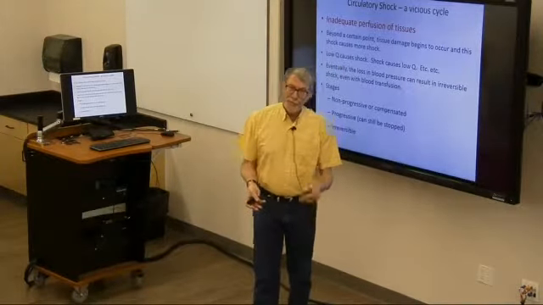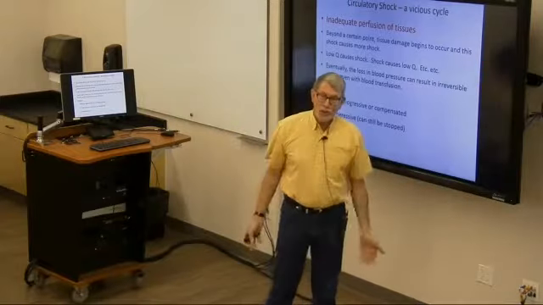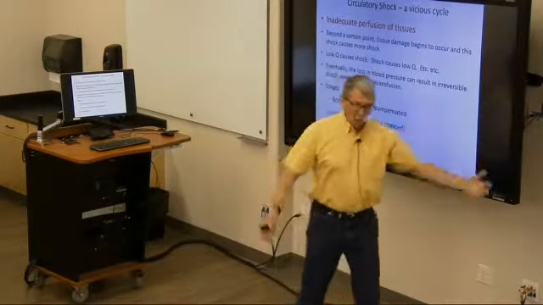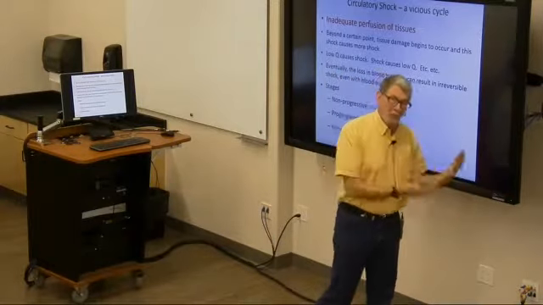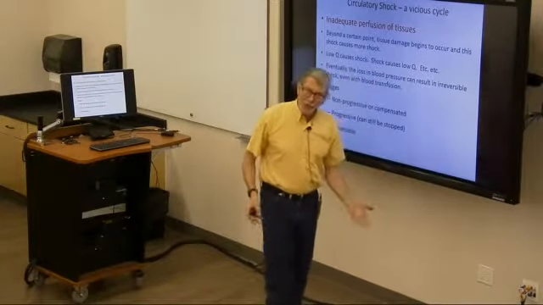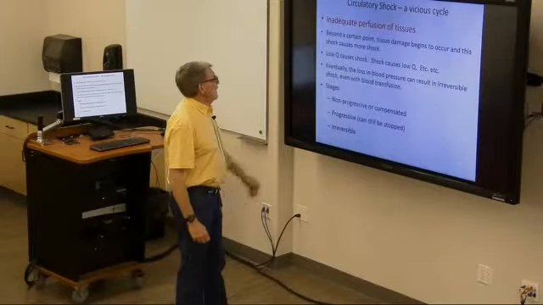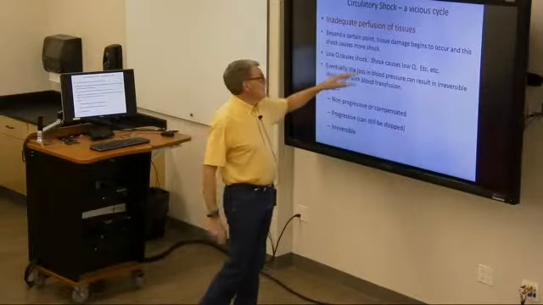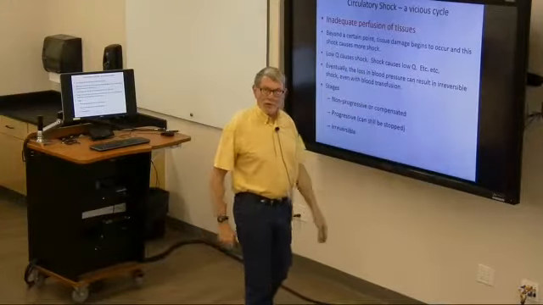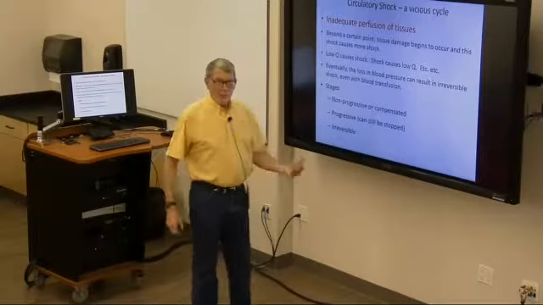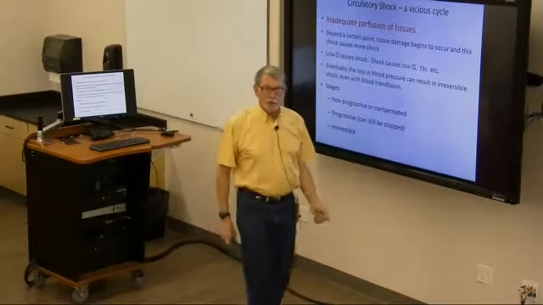They start to fail. That causes further shock. And so the more shock you have, the more effect you have, and the more effect you have, the more shock you have, until you die from it, unless you do something about it. Low cardiac output causes shock. Shock causes more low cardiac output. And irreversible shock, even with blood pressure, is the ultimate result.